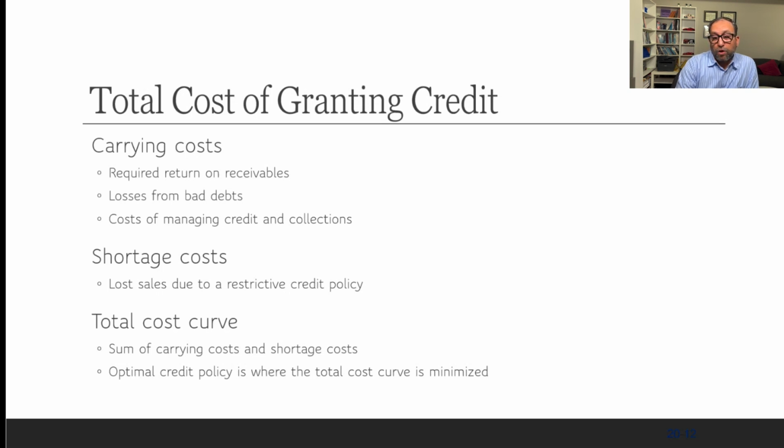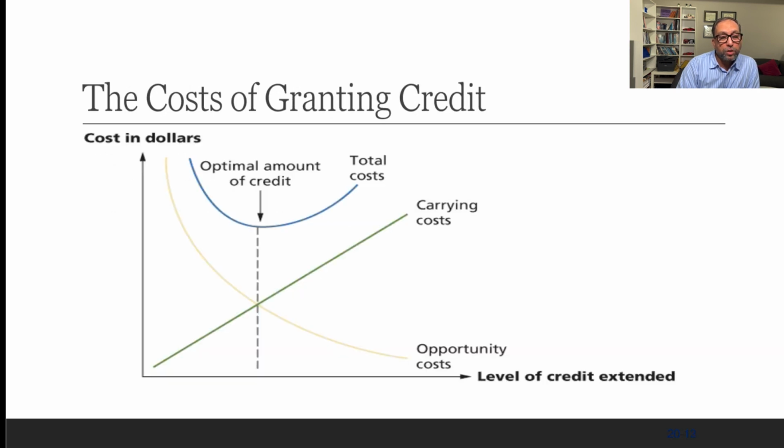If we are not selling on credit, the cost we bear is lost sales due to a restrictive credit policy, the shortage cost. The total cost curve is the sum of the carrying cost and the shortage cost. So the optimal credit policy is where the total cost curve is minimized, and we see this with this graph.